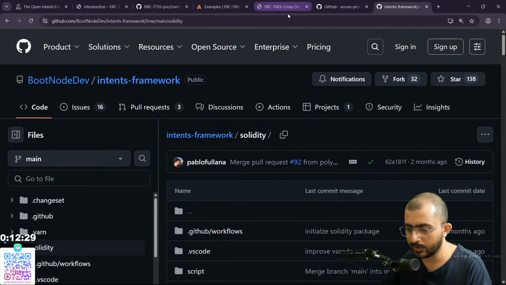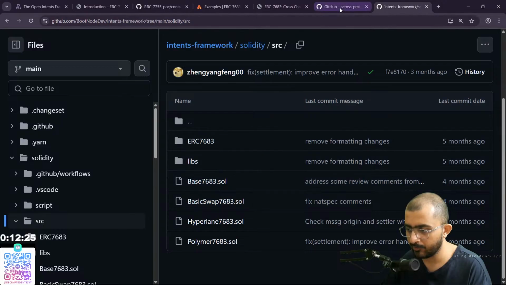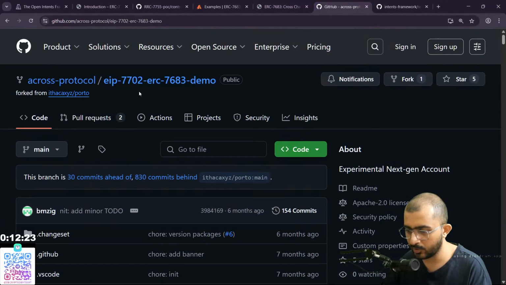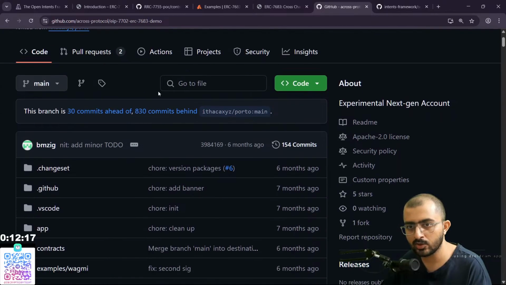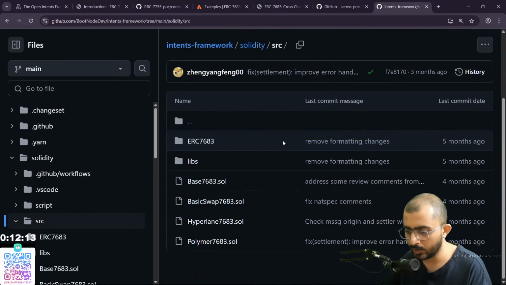Okay, I want the settler contract and the rest of the things. Here they are showing some demo, but this is not what I'm looking for. So let's keep looking.